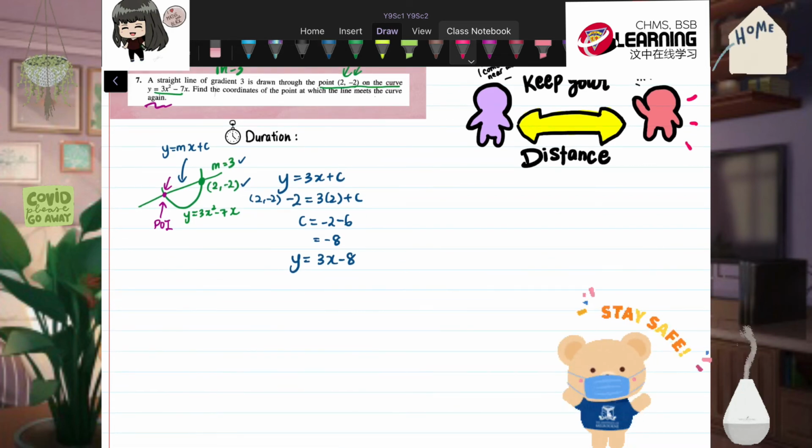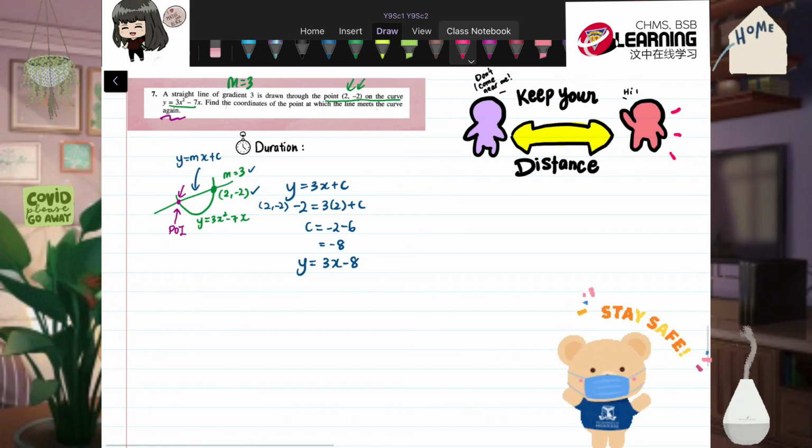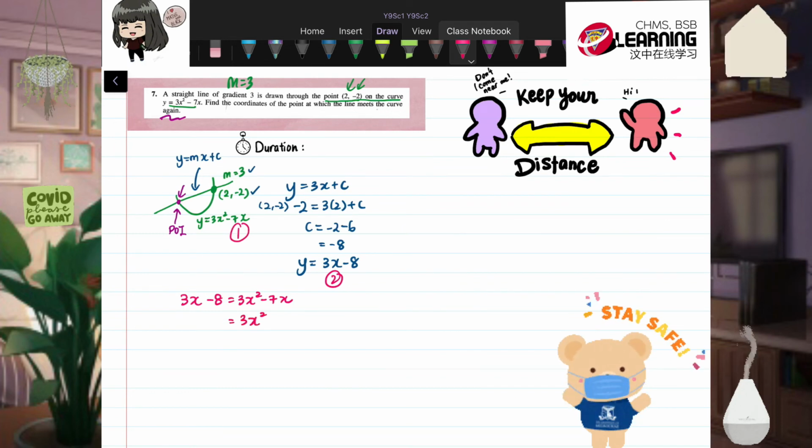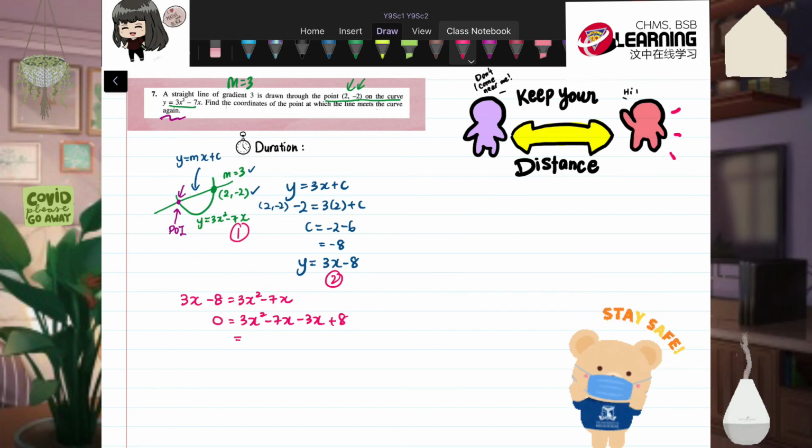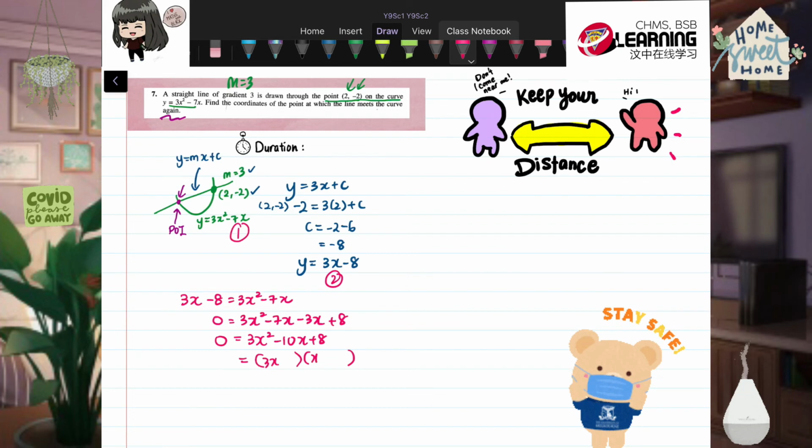Okay, and then I do simultaneous equation with the curve. Equation 1, equation 2. So I sub in, so it's 3x minus 8 equals 3x squared minus 7x. And then here you do factorization. So this one will be (3x minus 4)(x minus 2) equals 0.